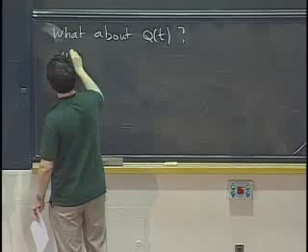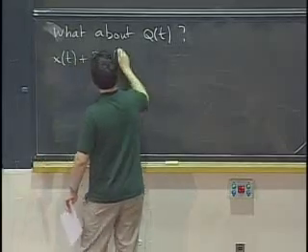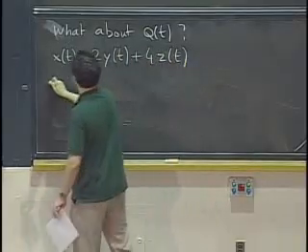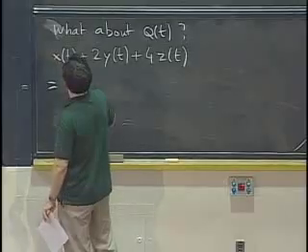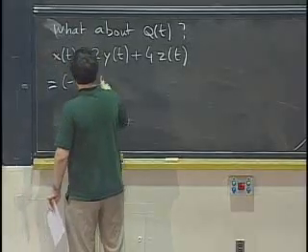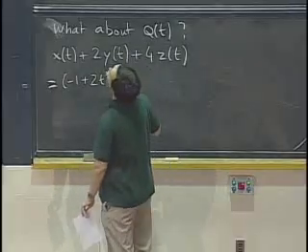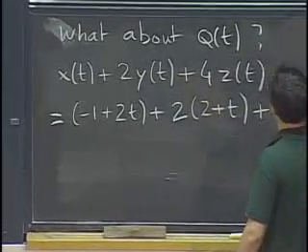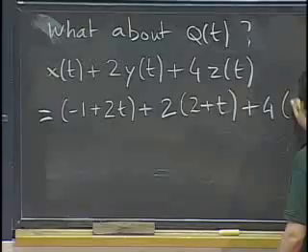So we'll take x of t plus twice y of t plus 4z of t. Okay, that's equal to, well, -1 + 2t plus twice (2 + t) plus 4 times (2 - 3t).